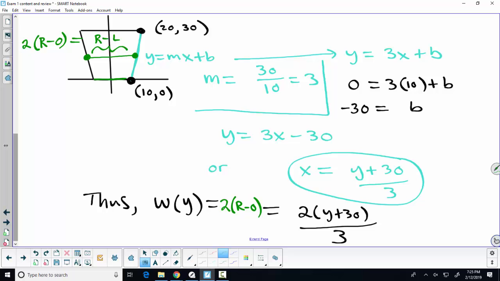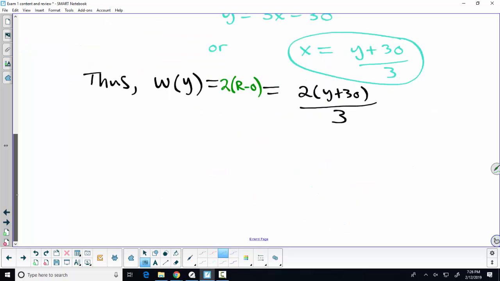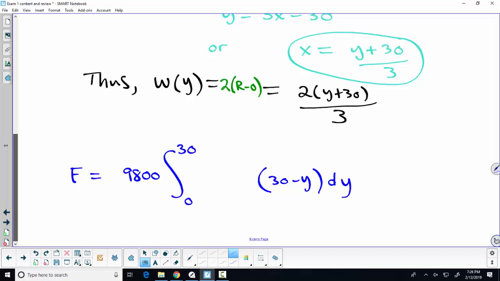Okay, what's the height function? 30 minus y. Yeah, 30 minus y. I just put this 2/3 out here.